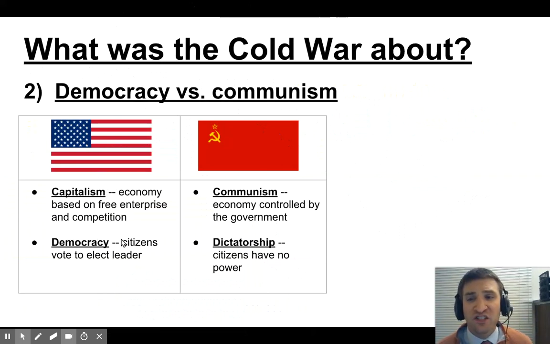Democracy, where citizens vote to elect their leader. And then in the Soviet Union, it was ruled by communism, an economy controlled by the government. The government has control over most things. And a dictatorship was attached to this, where citizens have no power, no vote, no decision-making.